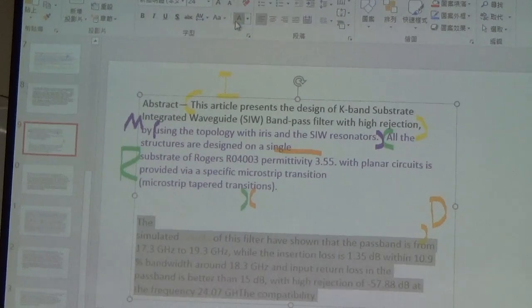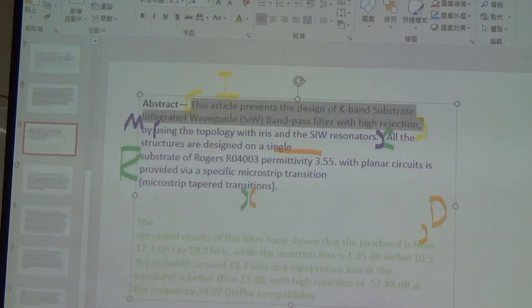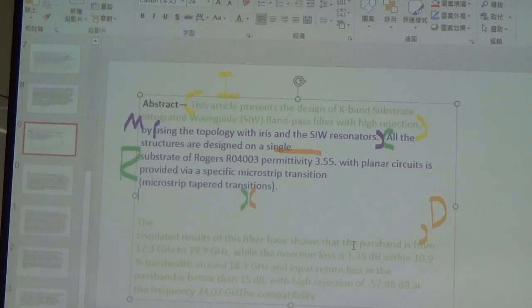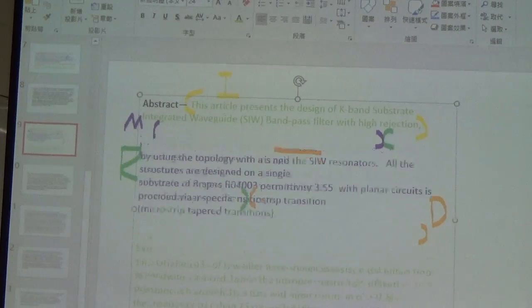It's all the result. So there are only three parts in this abstract. Only three parts. Okay. That's the right way to write an abstract. See? It's cleaner.